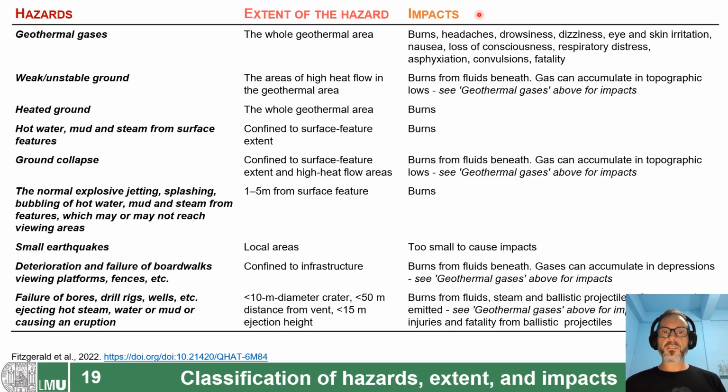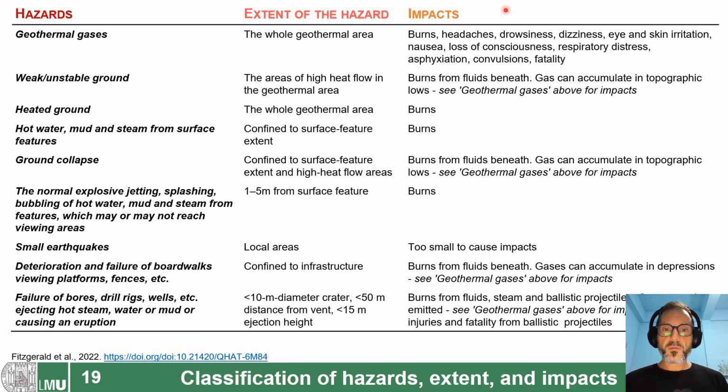Now, I won't delve deeply into this list here, as comprehensive information and more detailed discussion can be found in the paper of Fitzgerald et al. 2022, which I highly recommend.